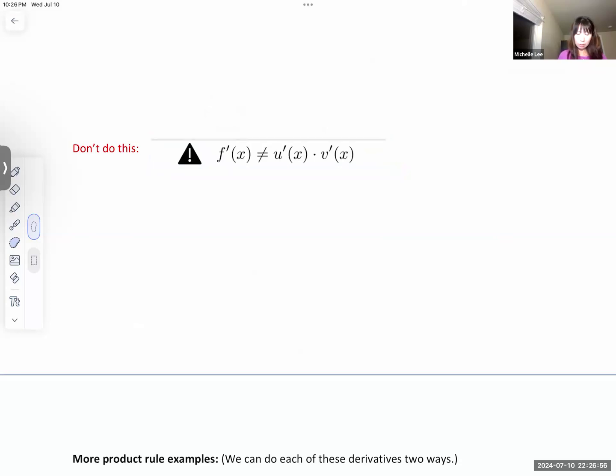Don't do that. I don't want to do this one because you might think about this one, right? Don't do this: u prime of x times v prime of x. Okay. All right.